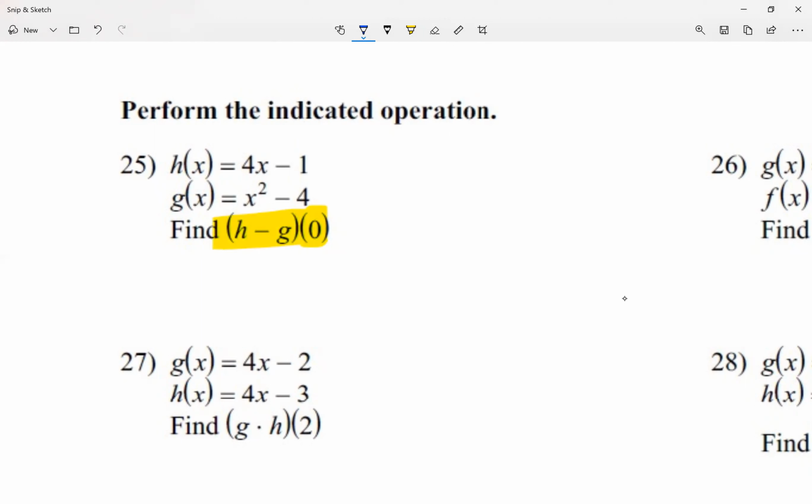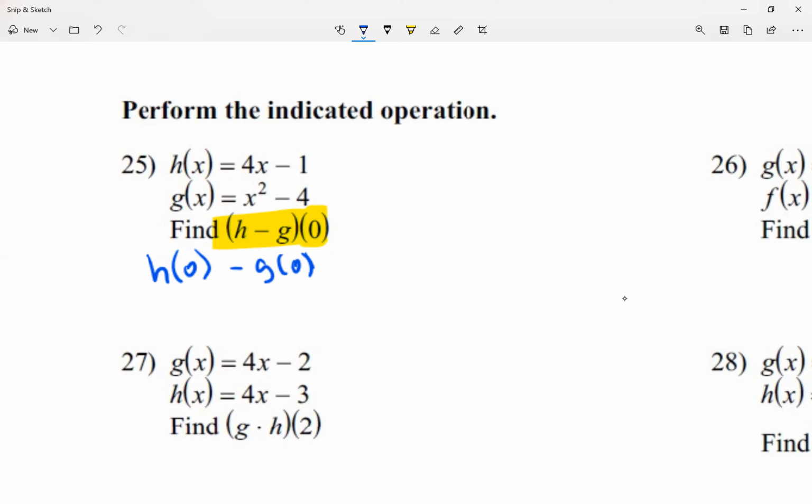The way we're going to write this, I'm going to go h of 0 minus g of 0. That 0 is going to be used for both functions h and g. Because I had a minus in between h and g, notice I went h of 0 minus g of 0. So whatever operation is between the letters, that's the one I'm going to use. I'm going to use minus.